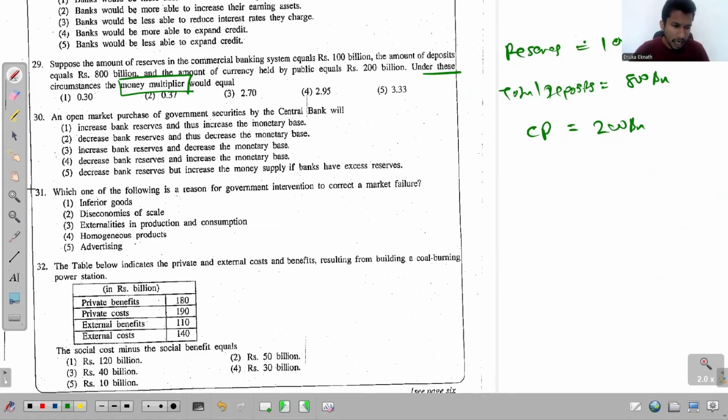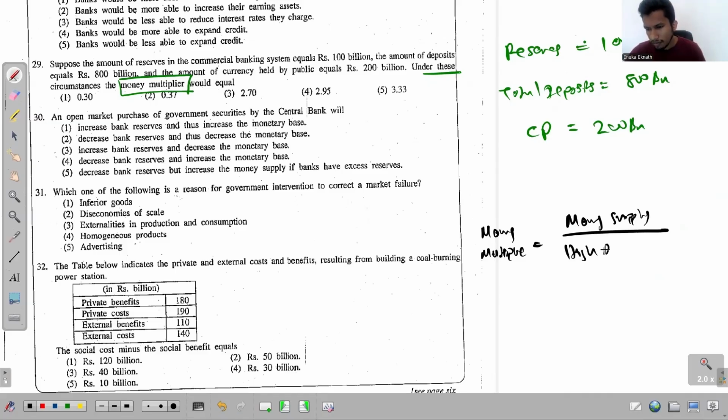So you can simply write the equation this way: money multiplier equals money supply divided by high powered money. So this ratio we recognize as the money multiplier.